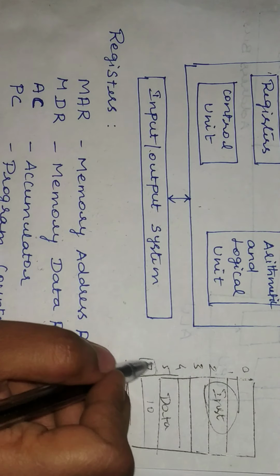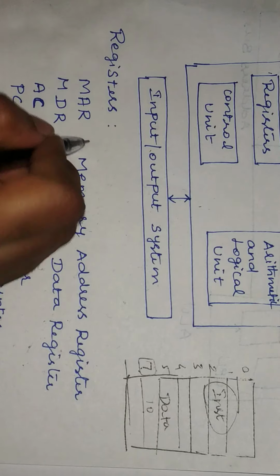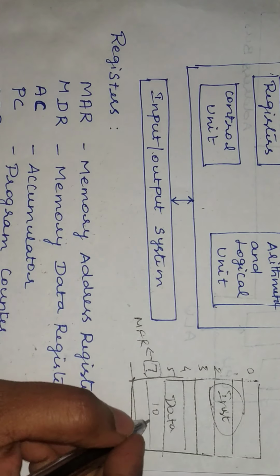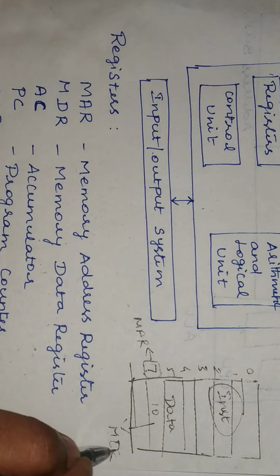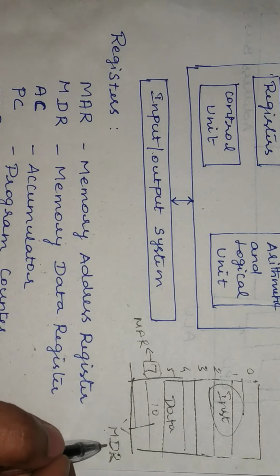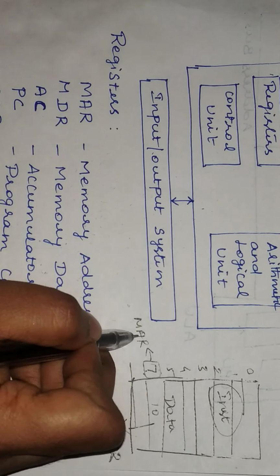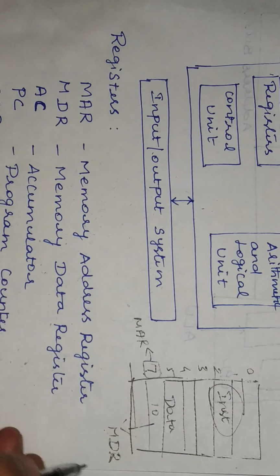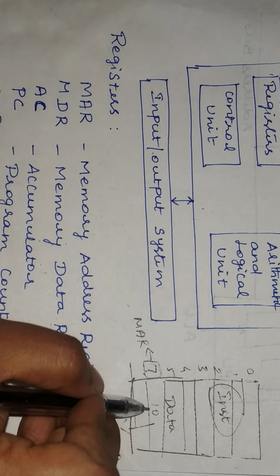This is actually the address of the data. So MAR will hold the address, and this data value will be stored in MDR, that is memory data register. The memory address register is used to hold the address of the data, and the memory data register is used to hold the actual data in the memory.